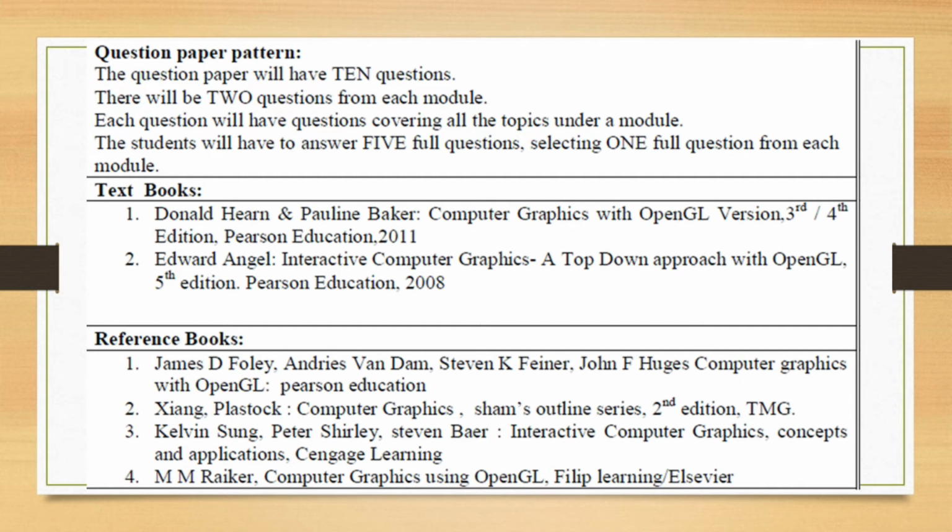The second textbook is Edward Angel, Interactive Computer Graphics, a Top-Down Approach with OpenGL, 5th edition. There are 4 reference books, but I feel the 2 textbooks are sufficient for this particular subject.